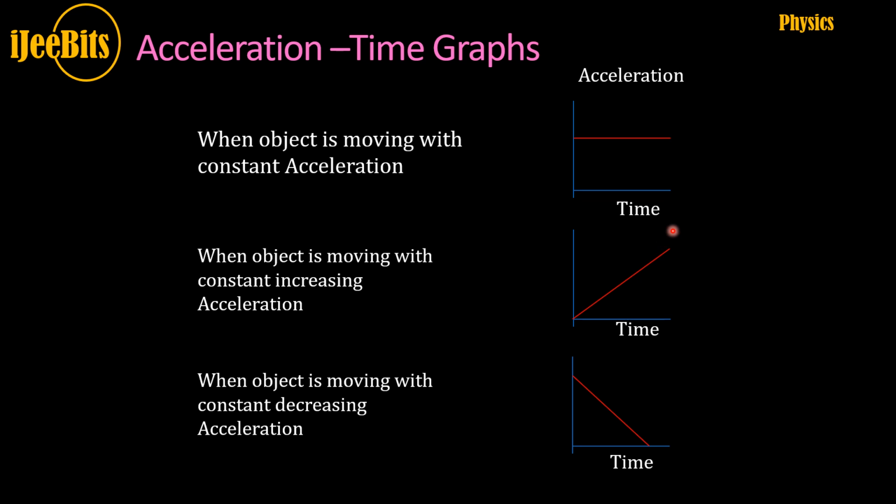That is how you have to read this one: the object is moving with constant increasing acceleration. Then this one is in a downward direction, so constant decreasing acceleration. Whenever you see this, you have to recognize the behavior of the object from the graph in the at graph. Clear?